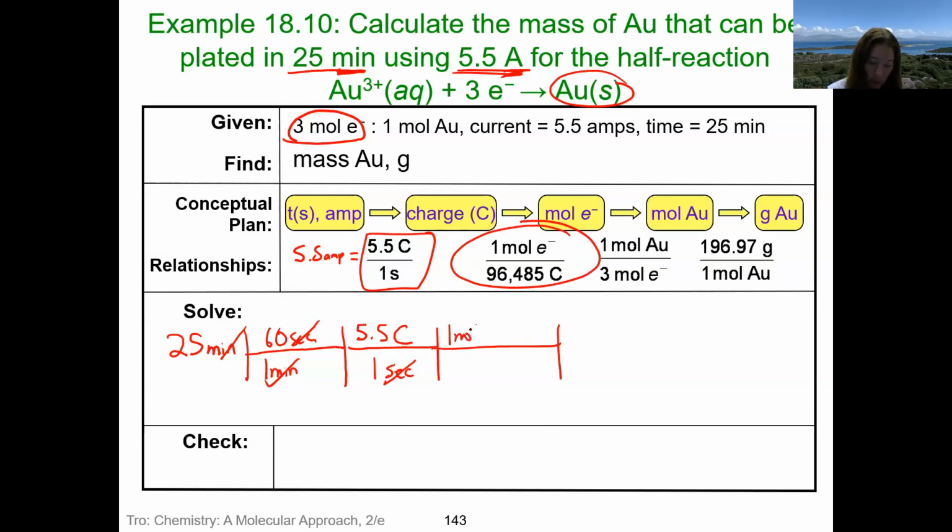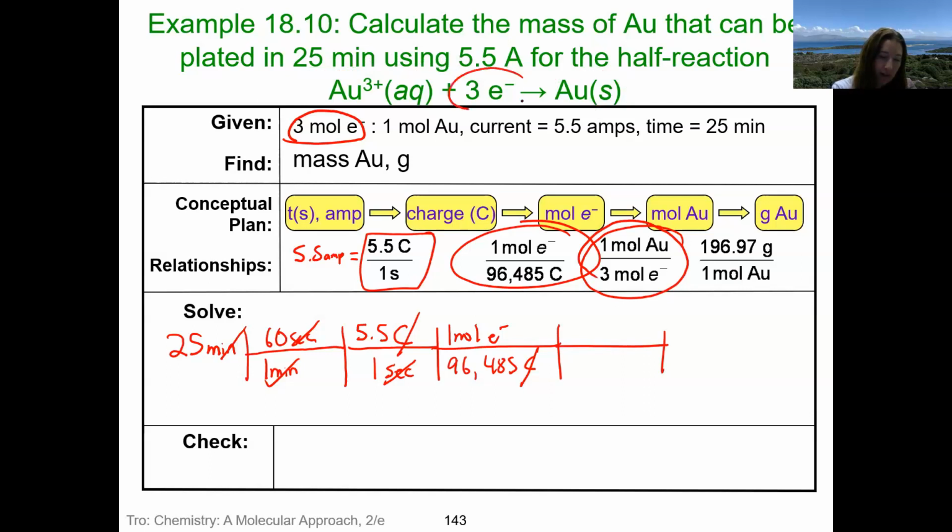In 1 mole of electrons, there are 96,485 coulombs. And again, where did I get this 3? I got it from my half reaction right here. There are 3 moles of electrons in 1 mole of Au.